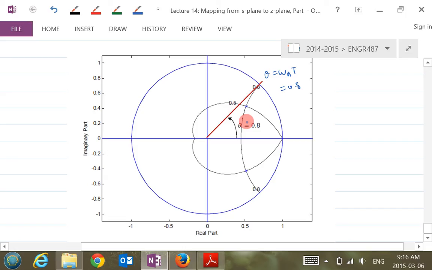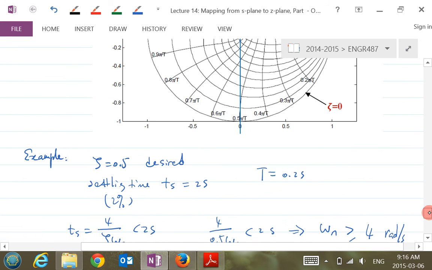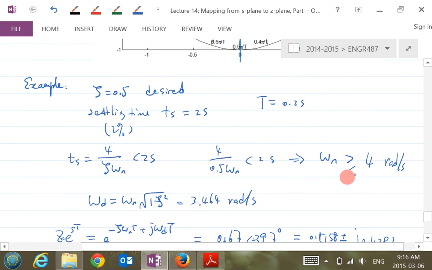Okay, so a little bit forward here. If the question asked is, you want omega n to be greater than 4, and you want the zeta to be less than 0.5. Okay, so this is the question. I want my damping ratio to be less than 0.5, and I want the omega n to be greater than 4.